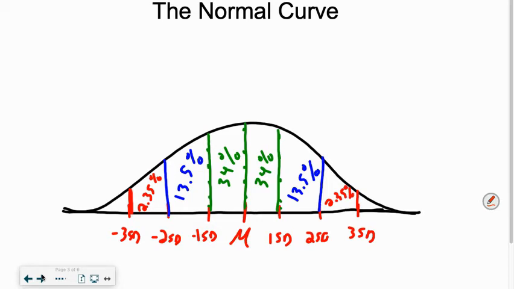And beyond 3 standard deviations is 0.15%. So very, very little data outside.